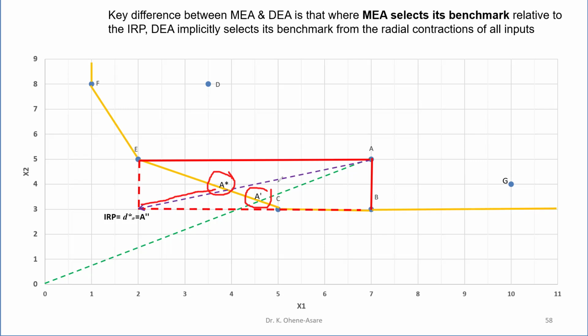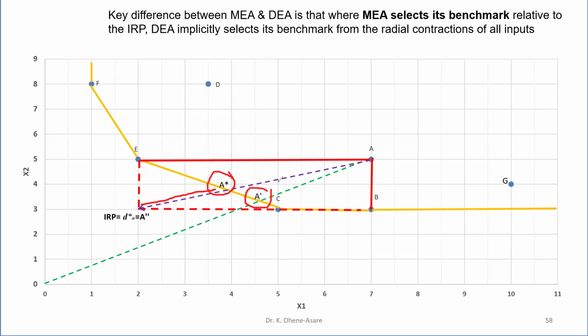Where the A prime is, if I map it down, it comes to maybe 3.8. So the difference means that the A star gives you a more realistic reduction than where the A prime would have been. So it means it's giving you the best reduction that A can be with respect to that input.